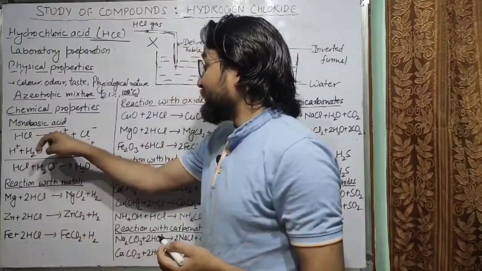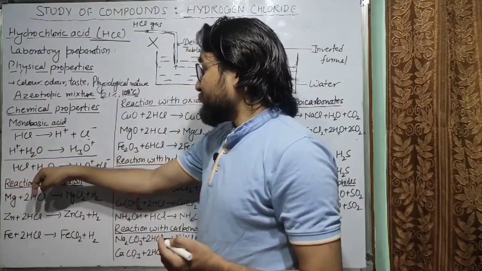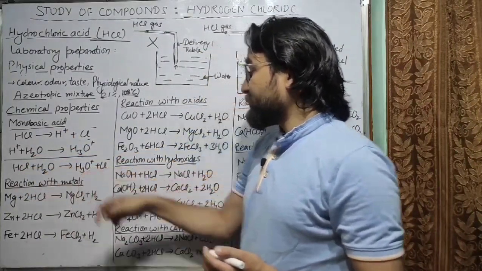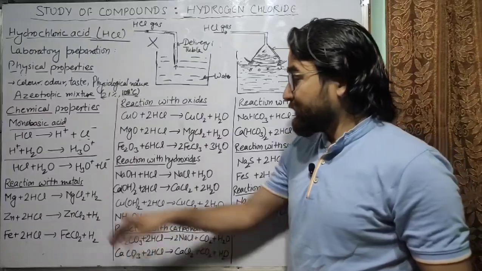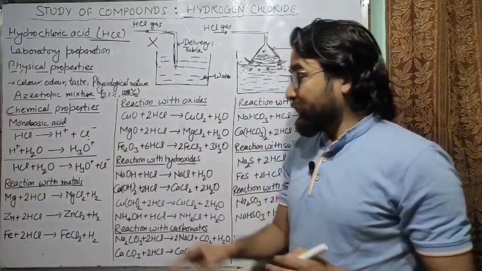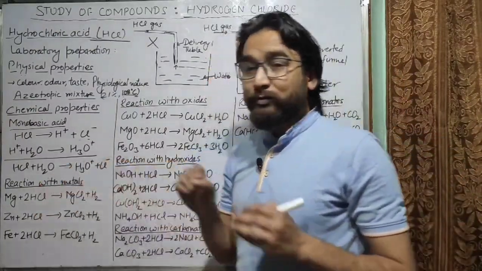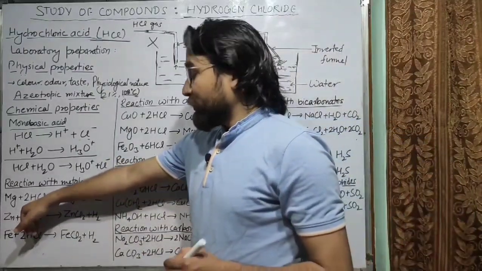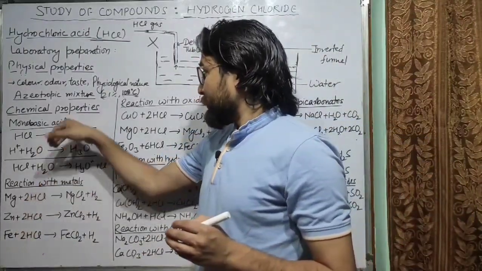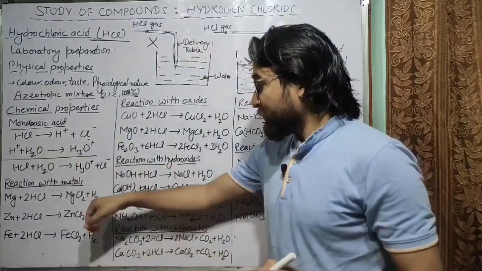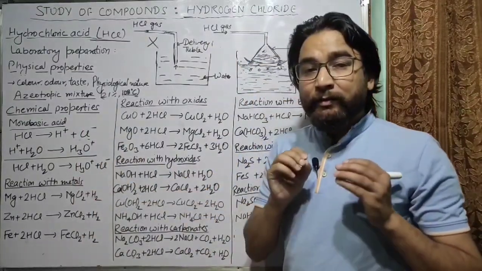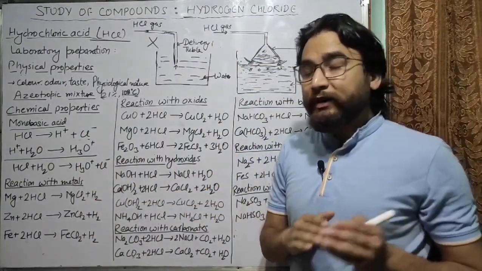H+ will be cancelled, so H+ plus H2O forms H3O+ ion, that is the hydronium ion, and the chloride ion. Now if we talk about reaction with metals, hydrochloric acid will form hydrogen and the corresponding metal chlorides, like hydrogen chloride does.